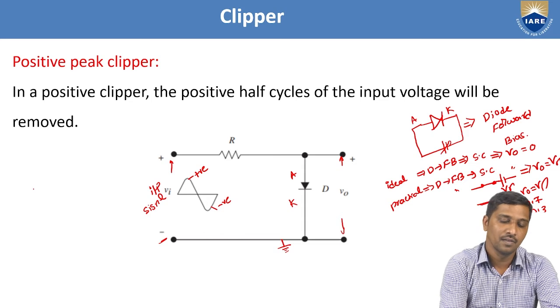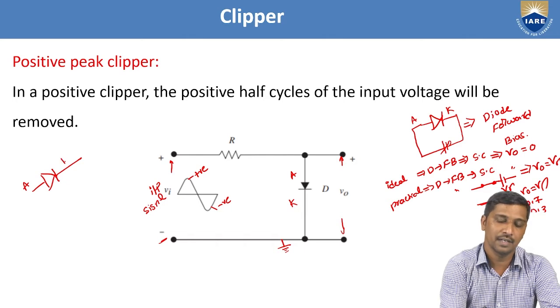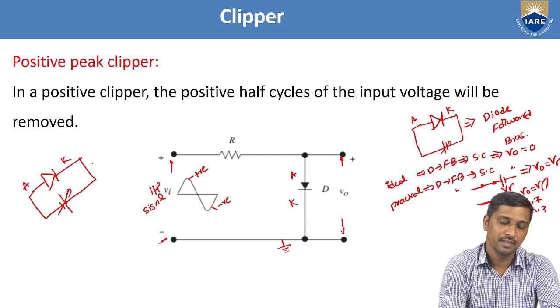Similarly, take again the PN junction diode, which has two terminals, anode and cathode. If the anode is connected to the negative pole of the battery and the cathode is connected to the positive pole of the battery, then the diode acts as reverse biased.